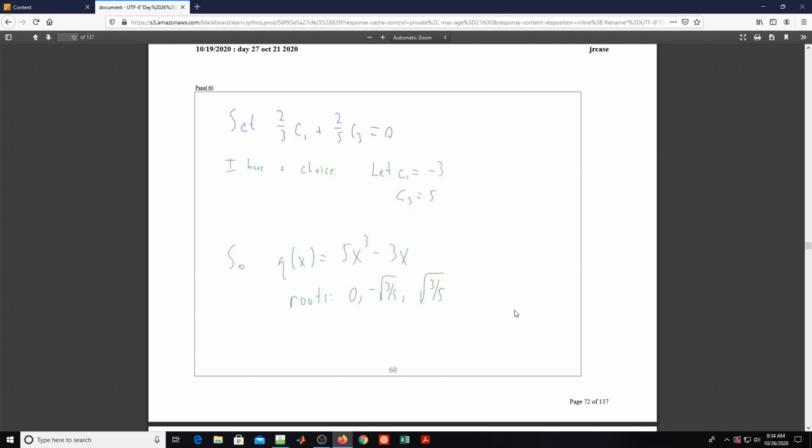So its roots, you can use Newton if you want to, but its roots are 0, negative square root of 3/5, and positive square root of 3/5. Those are going to be my weights. Or, sorry, not my weights, my nodes.